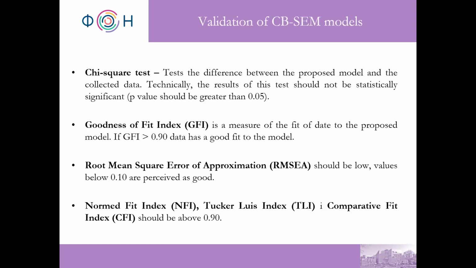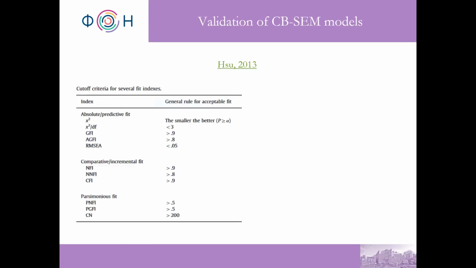So, for example, CFI and TLI should be above 0.9. In this paper, they really nicely presented some of the metrics you can present, as well as the general acceptance rule.